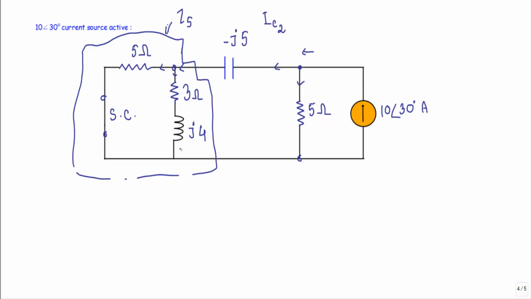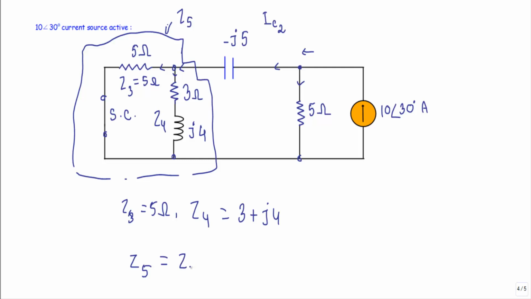From this point to this point I have this Z3, which will be equal to 5 ohm only, and from this point to this point, this branch impedance I denote with Z4. Z3 will be equal to 5 ohm. Z4 will be equal to 3 plus J4, and they will be connected in parallel. Therefore, I can replace them with a single impedance, and their equivalent impedance will be Z5.